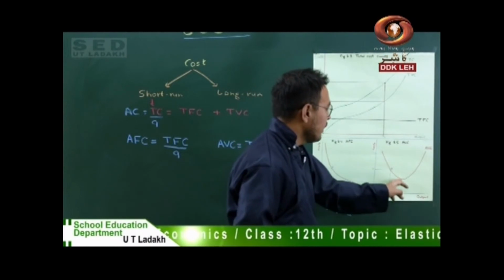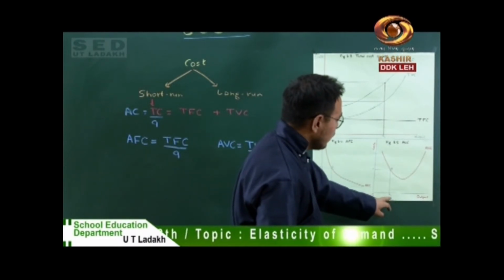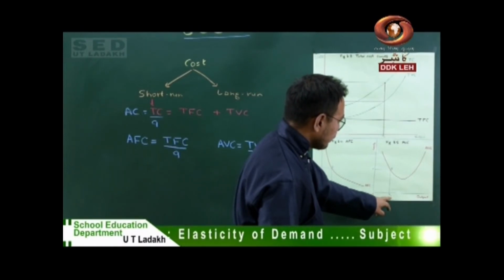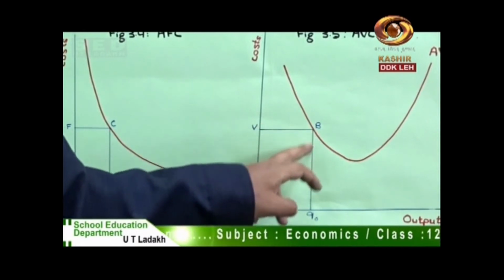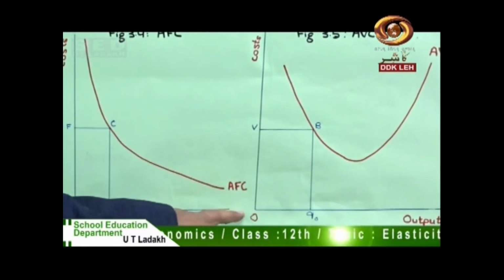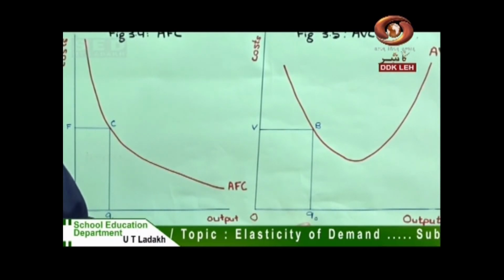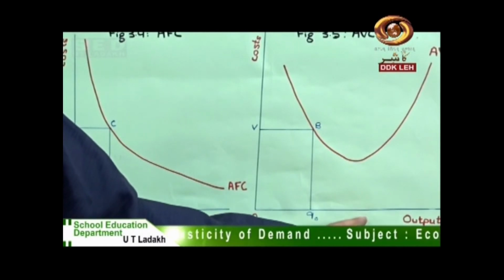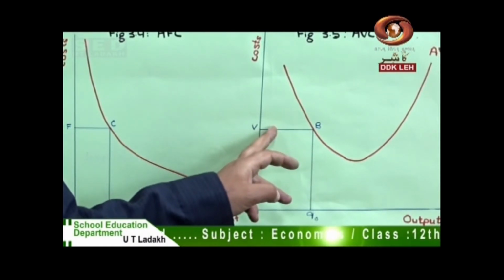Now here also, as far as average variable cost is concerned, at point Q naught, at point B, we are getting this area. What does this area represent? This area represents your total variable cost, but at the Q naught level of output. Similarly, when you are here, it will give you another rectangle which might be different from it.